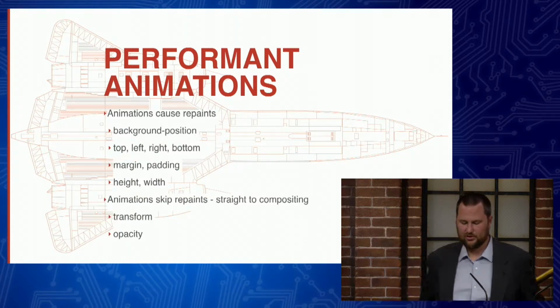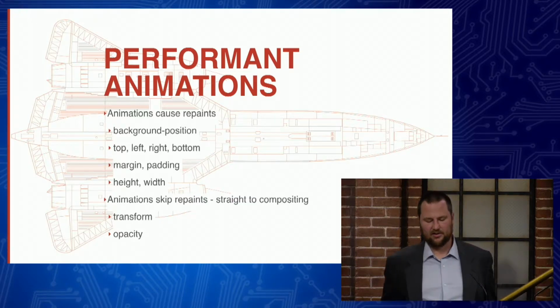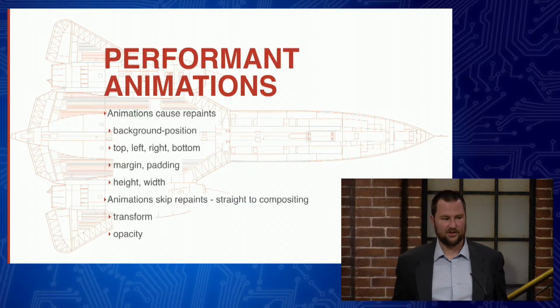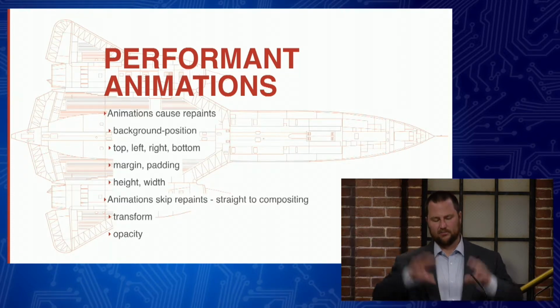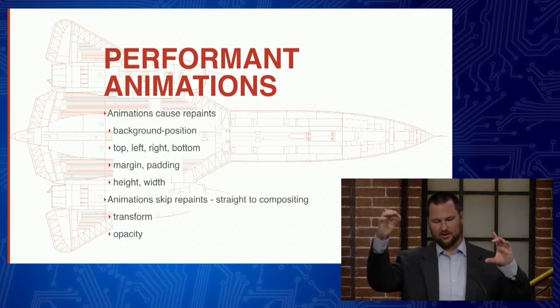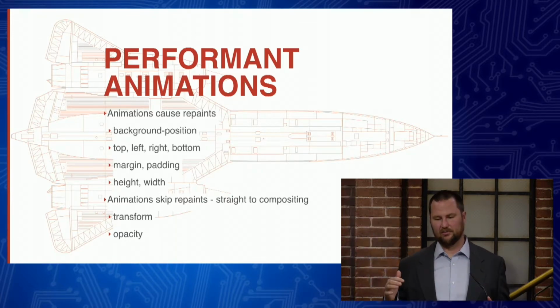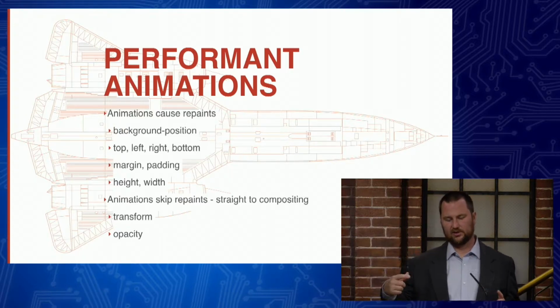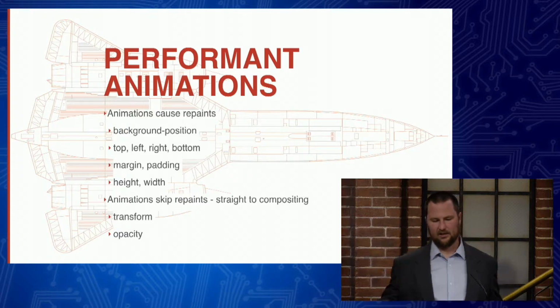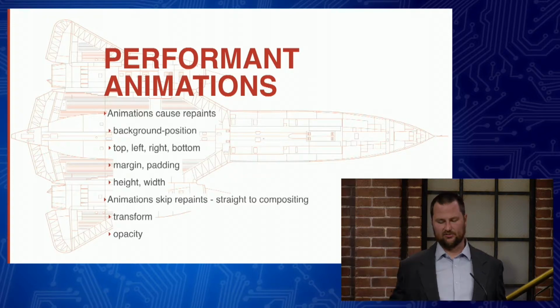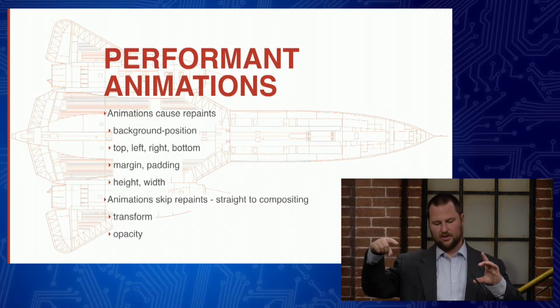You can skip straight to compositing by animating transforms and opacity. So in the example I mentioned about animating the background position of the image, a better way to do that would be to insert the image directly into the DOM and then use CSS transforms to move that up.